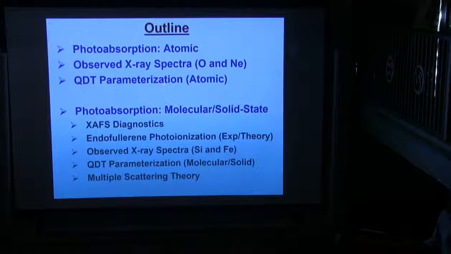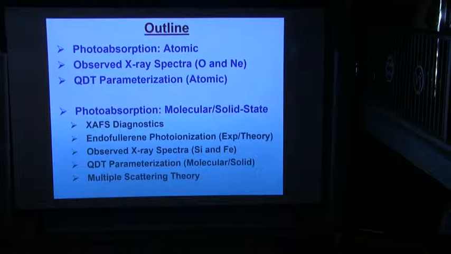And very recently we've looked at how to parameterize these atomic cross-sections. But as the second part of the talk, the ongoing work in progress here on the molecular aspects of photoabsorption, there are several interesting features.